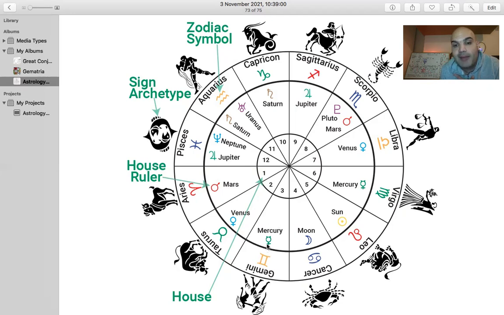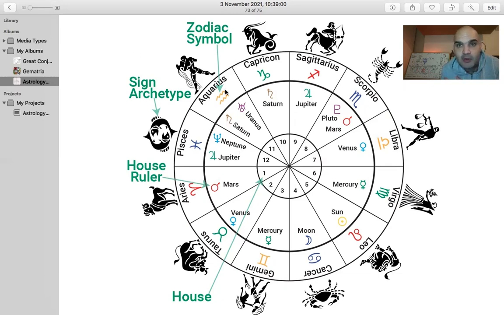So anytime a planet is in the sign opposing its rulership sign, it's in a weak placement. So Mercury in Gemini and Virgo is good, but Mercury in Sagittarius and Pisces isn't good. But again, like I said, we're going to get into that in more detail in coming videos.